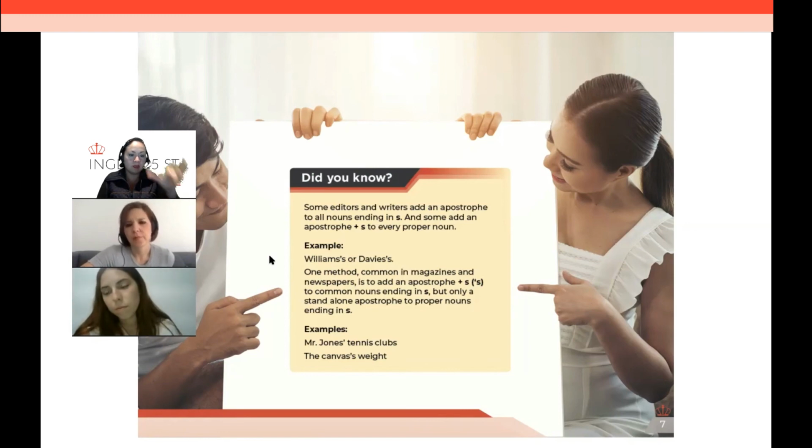It's just because it's a proper name and it ends in S, and you add the apostrophe S, okay? Because when it says Williamses or Davises, you're not saying something that belongs to them. You're just emphasizing and writing their names.